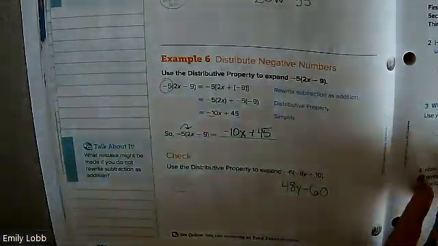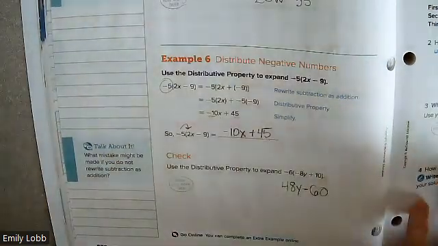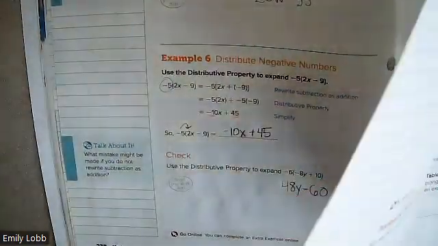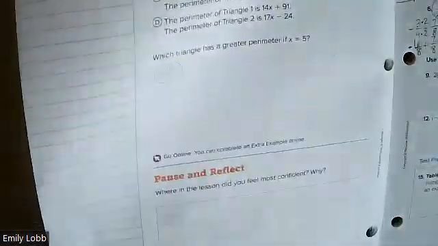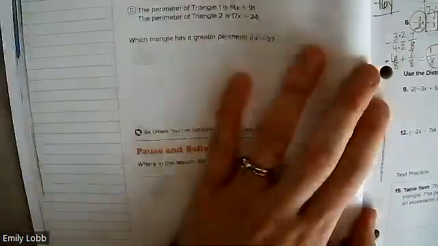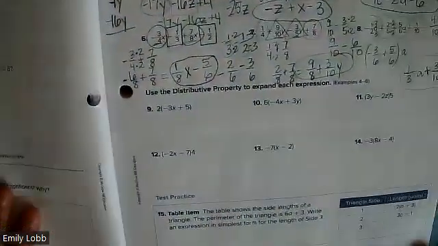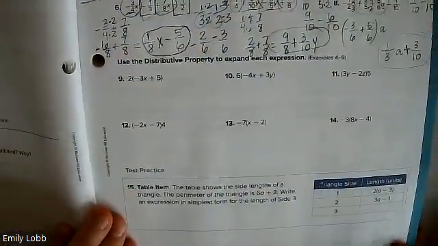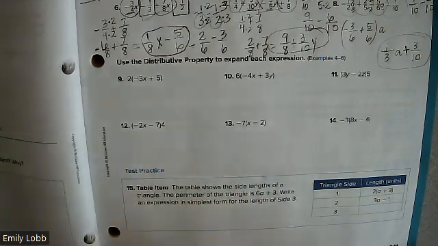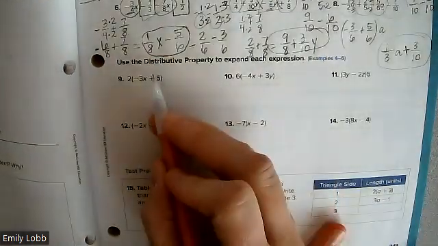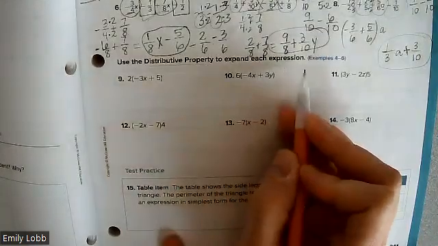So hopefully now we've got some time. We should be able to finish maybe even the last 7 on page 241. We don't have too many problems and we're just multiplying through. So use the distributive property to expand each expression.